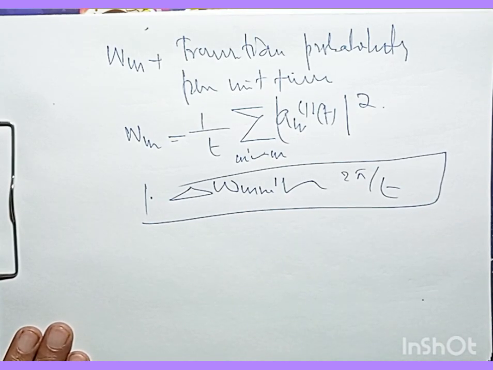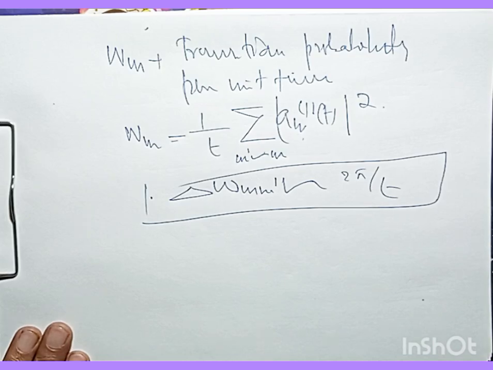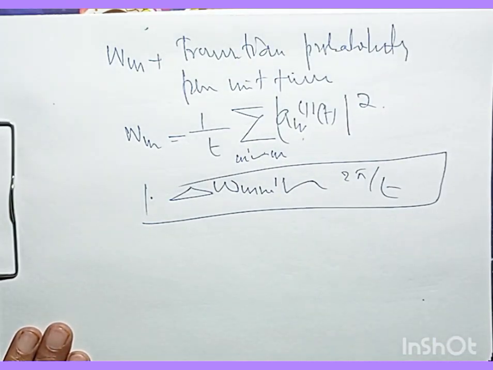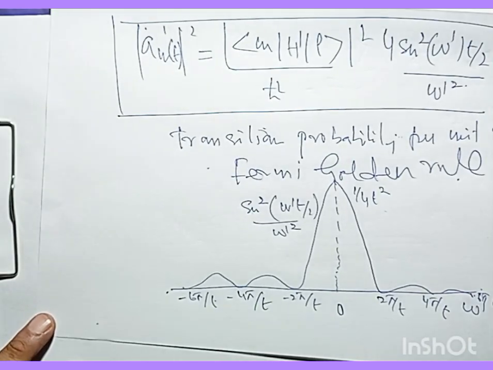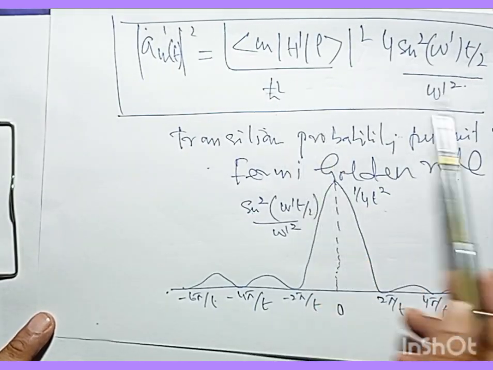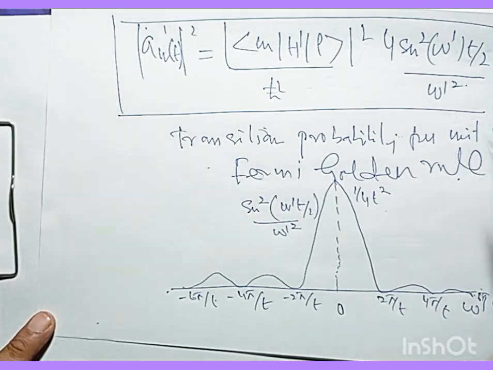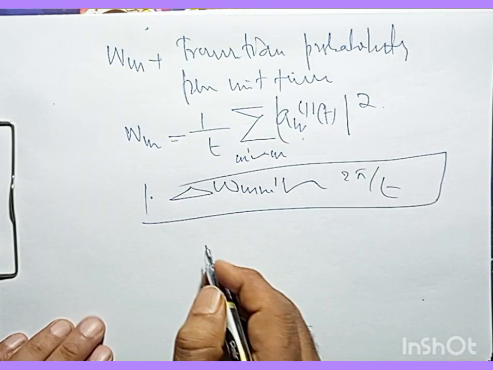And if we substitute for Am of t from the equation that we have, it's here, in terms of omega dash, because omega dash is taken equal to omega ml minus omega, so we can do that and write this down.